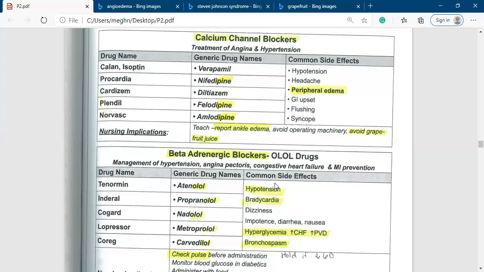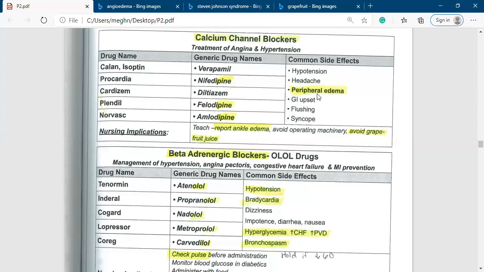So what next? The common side effects of calcium channel blocker: they cause hypotension. As I told you, the common side effect of all antihypertensive medication is hypotension. Calcium channel blocker causes headache and peripheral edema.